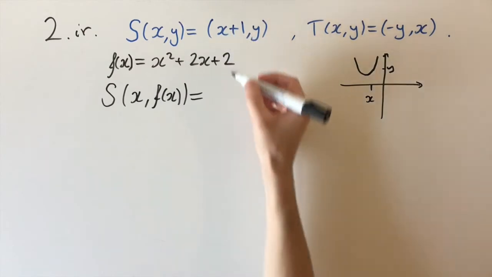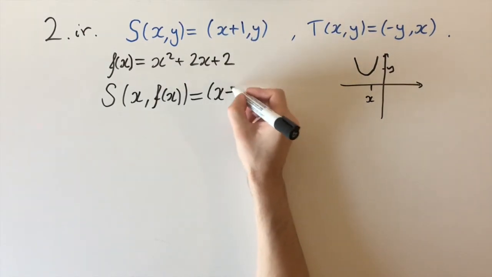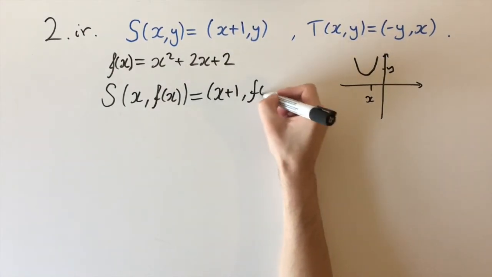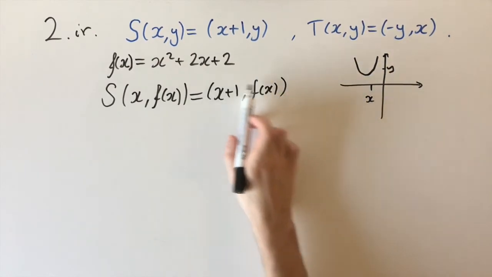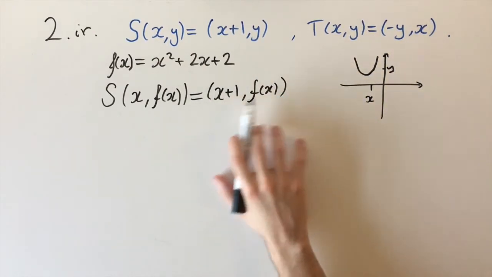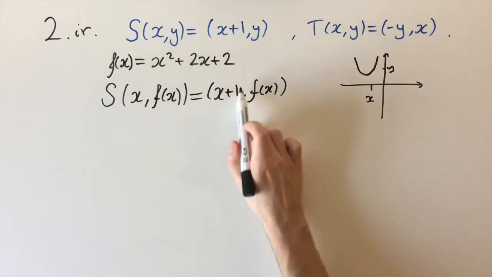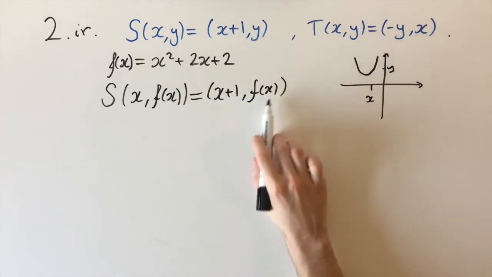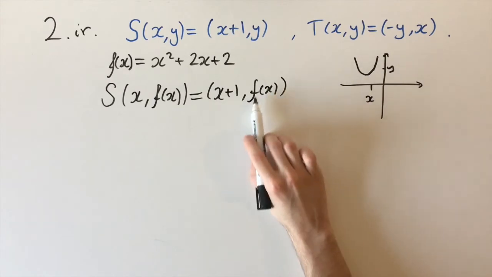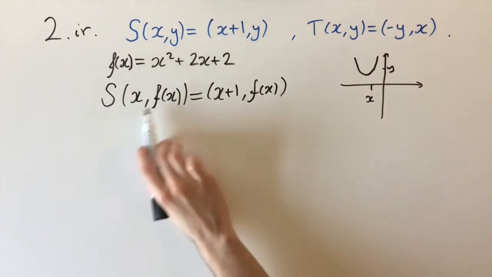We just add 1 to the first component, so we get (x plus 1, f of x). If we rearrange this so that we have a single variable in the first slot, then the second slot would give us the function that is the transformation.